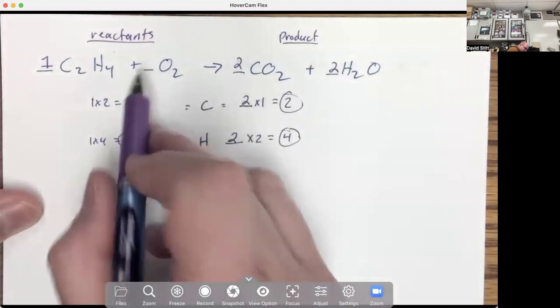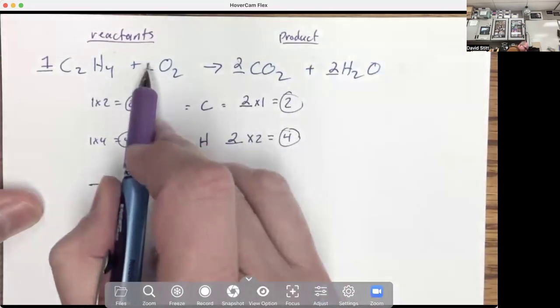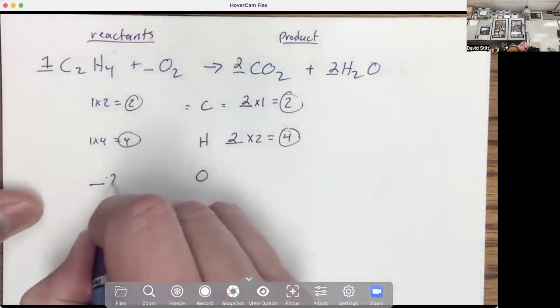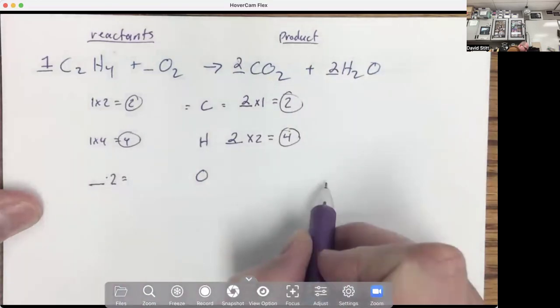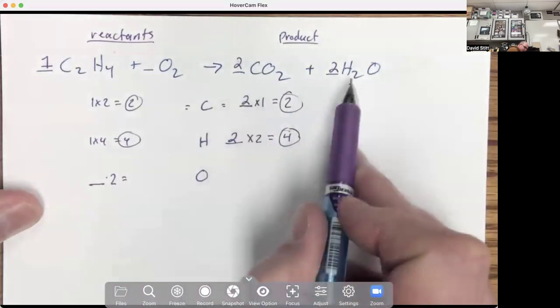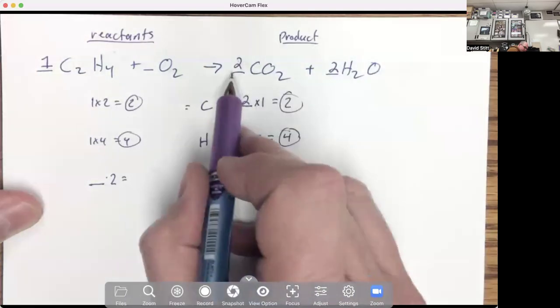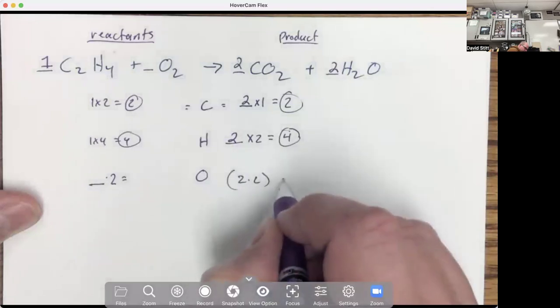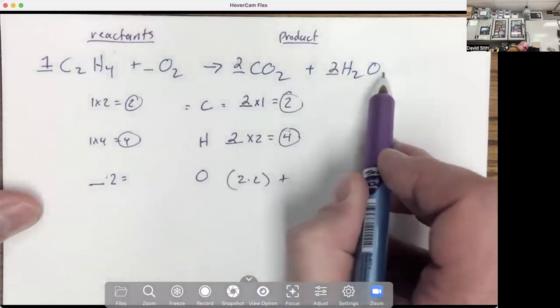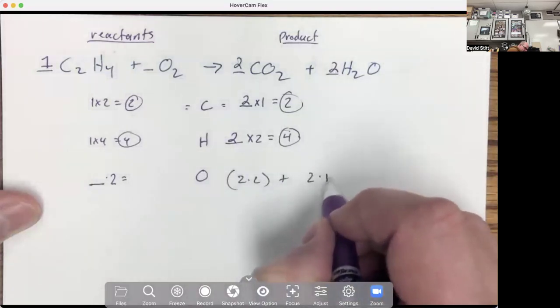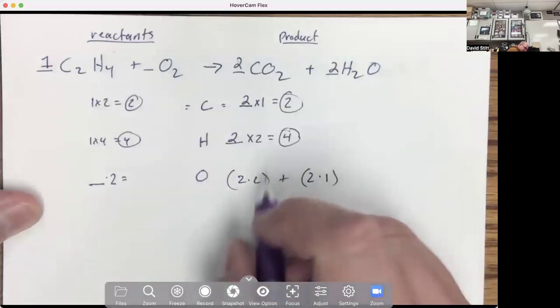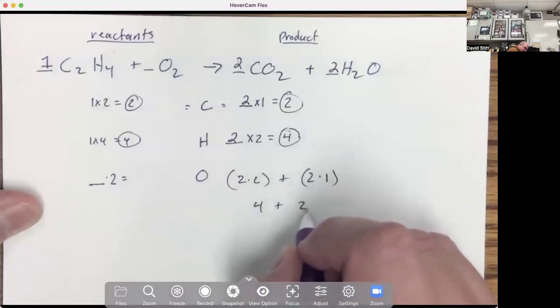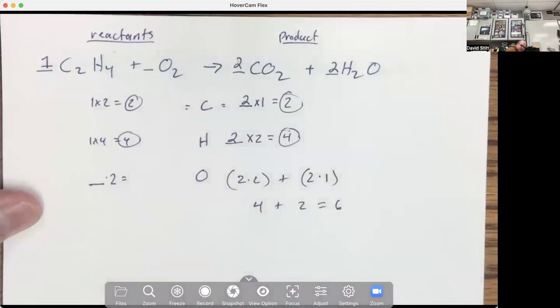So whatever number I put here is going to get multiplied by 2 and has to equal the other side. The other side already has its coefficients, so I'm going to have 2 times 2 oxygen here, plus another 2 times 1 oxygen there. That's going to give me 4 plus another 2, 6 oxygen total.